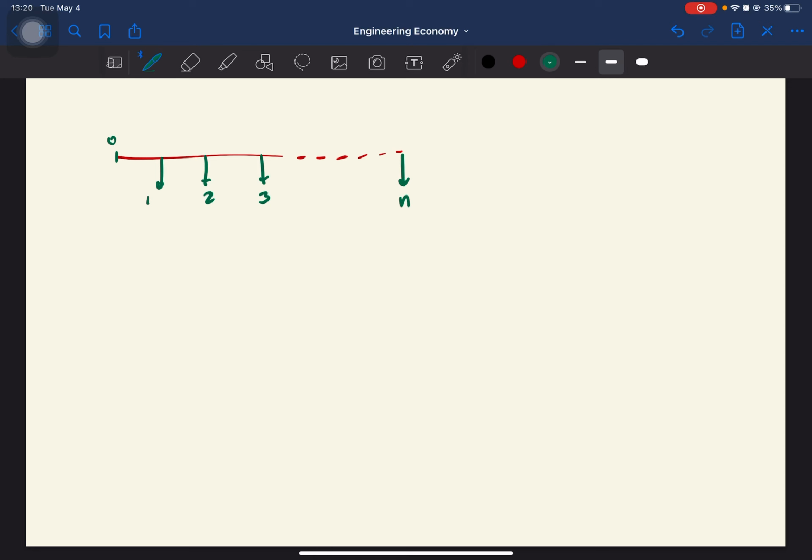Then N, then you have your future worth F. Let's say you invested, then you are expecting a lump sum. What is the value of that F? I will not show the derivation of the formula. I'll just say, F equals A times 1 plus I raised to N minus 1 over I. So, this looks familiar too.